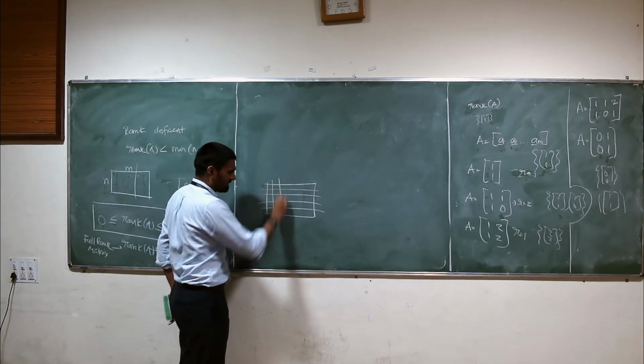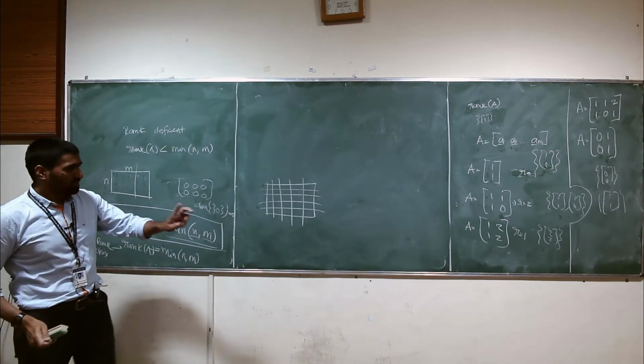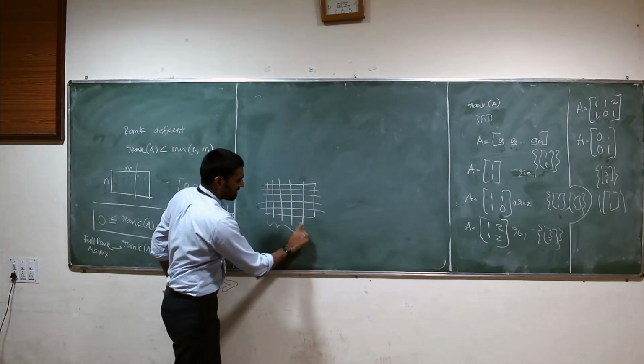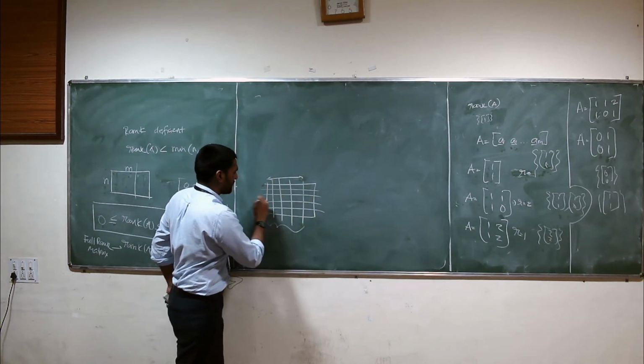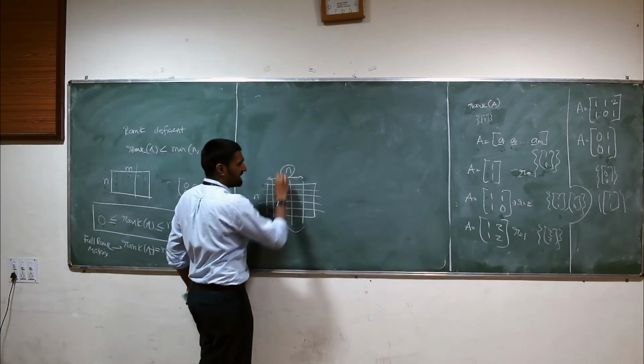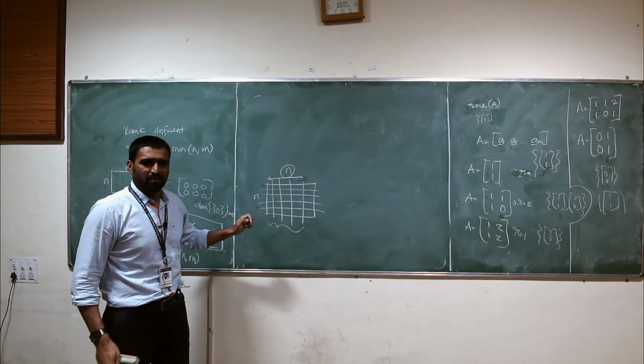The same applies for the columns. If you have a fat matrix, then there are n columns that will form a linearly independent set.